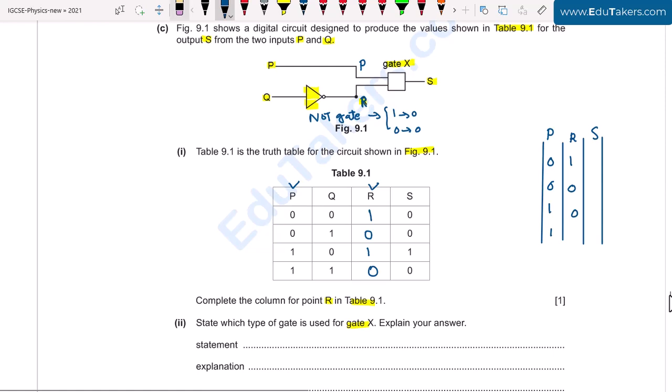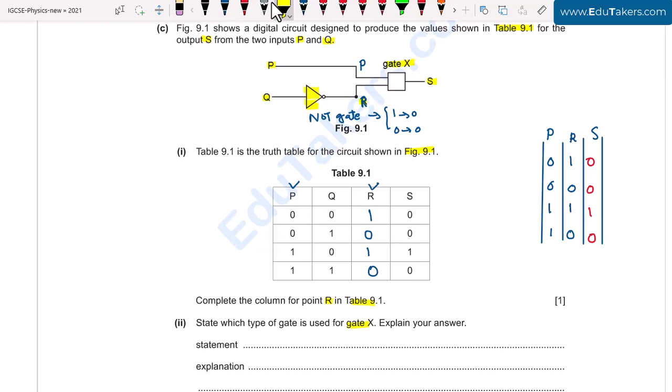Third combination is 1 and 1. And last one is 1 and 0. So here is 0. At the 0, 0 it is 0. Again it is 1 here and it is 0. So we saw these inputs and outputs.